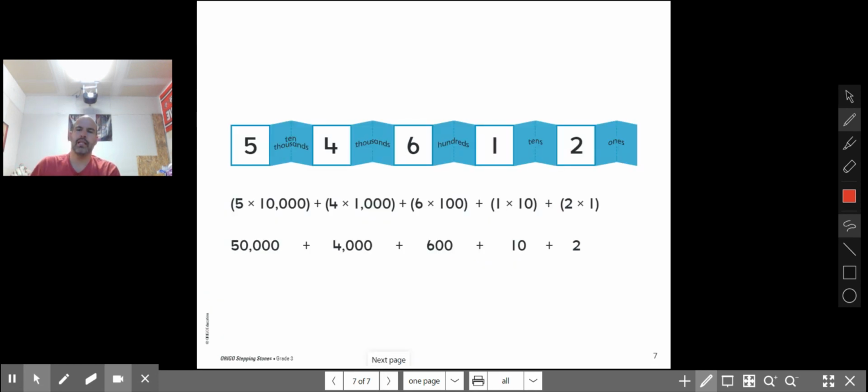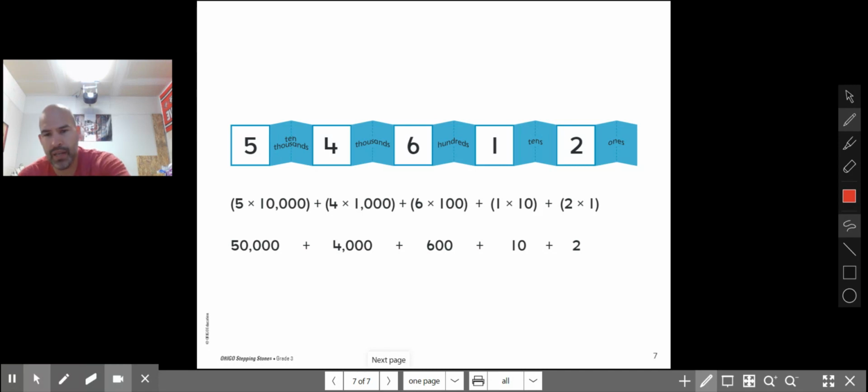All right, let's take a look here. And this kind of breaks it down by simplifying each of those parts of that expanded form. When we multiply 5 times 10,000, what do we get? 50,000. We multiply 4 times 1,000, we get 4,000. Multiply 6 times 100, we get 600. 1 times 10 is 10, and 2 times 1 is 2.